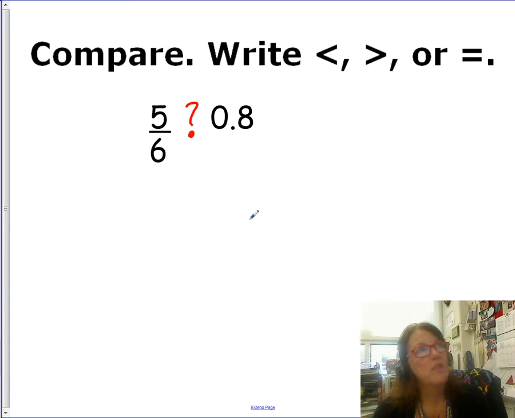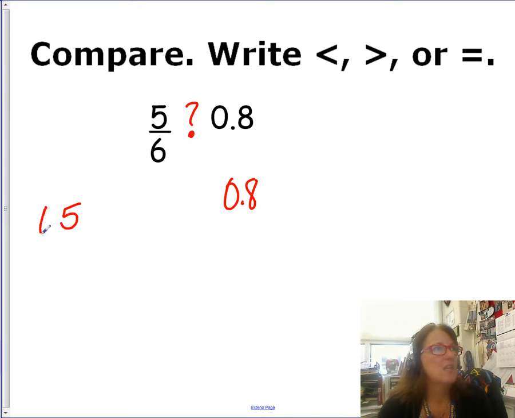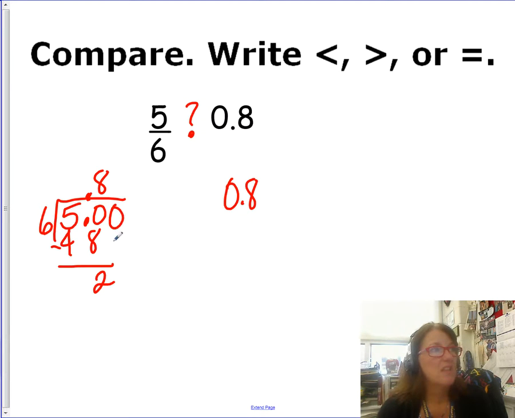Okay, what about these guys? I don't know. Since I already have this guy as a decimal, I might take 5/6 and turn that into a decimal. Let's see what happens. I get 8, so I'm tied so far, but here's the deal. This one has not stopped.